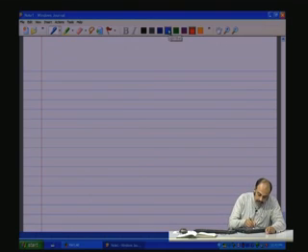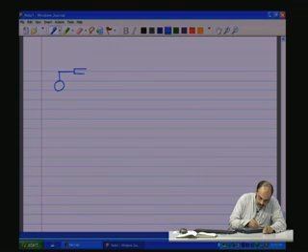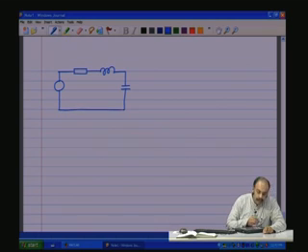So, if you take any arbitrary circuit, and let us take the RLC circuit, you have an R, you have an L, followed by, let us say, a C. So, you have Vi, so R, there is an L and a C, and you have Vc.